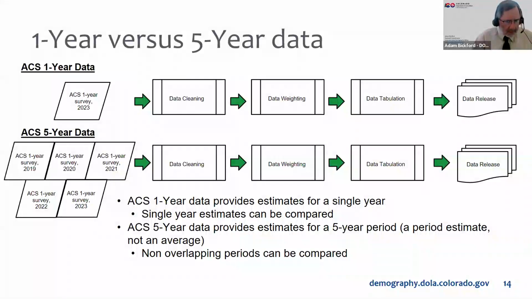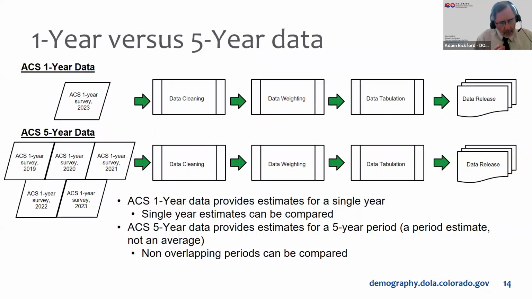What this means is that if you're using 1-year data, you can compare single years to each other. But in 5-year data, you have information for a 5-year period, and it's not an average. It's based on the number of observations within that period, and you can compare non-overlapping periods.